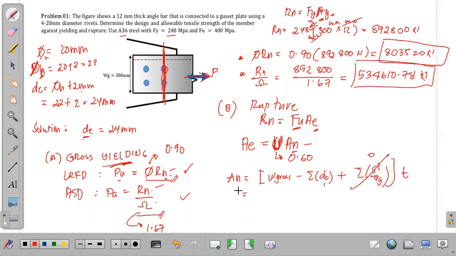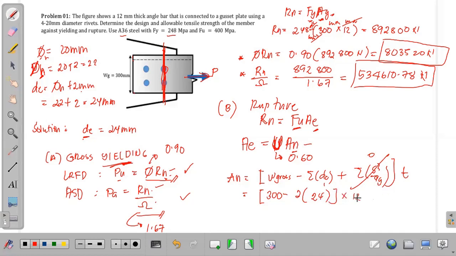So ano yung magiging net area natin? That is the gross width, 300 minus yung summation, dalawa yung dadaanan ng butas. So 2 times the effective hole diameter, which is 24, times the thickness, 12.